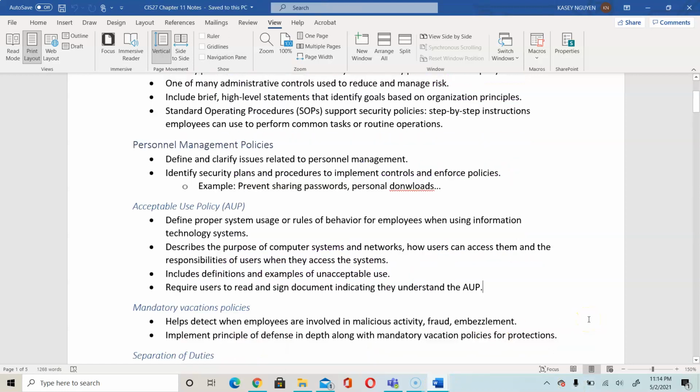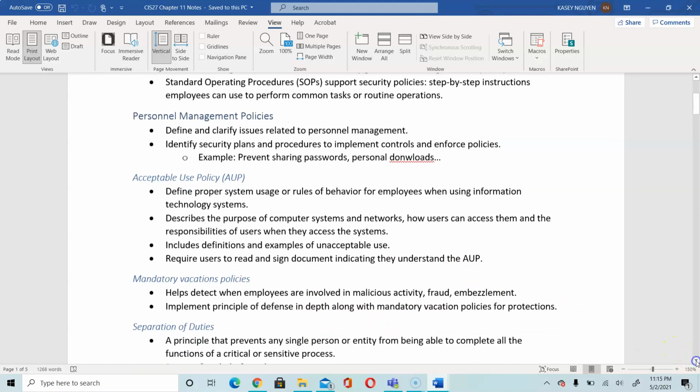So as we proceed discussing the areas of administration, we would also look at things that relate to human resource and personnel management. Often you would see that people don't take vacations. They can cover up a lot of fraudulent activities. So to really help detect when employees are involved in malicious, fraudulent, embezzlement activities, we need to enforce mandatory vacations.